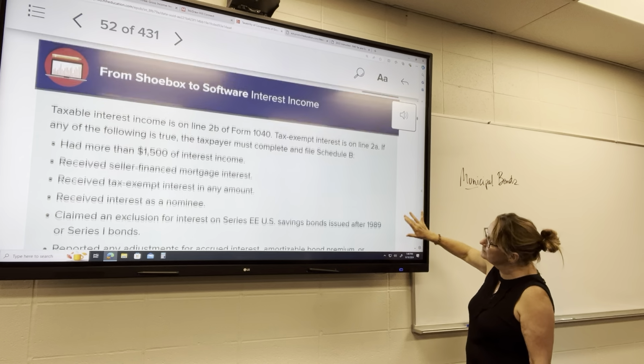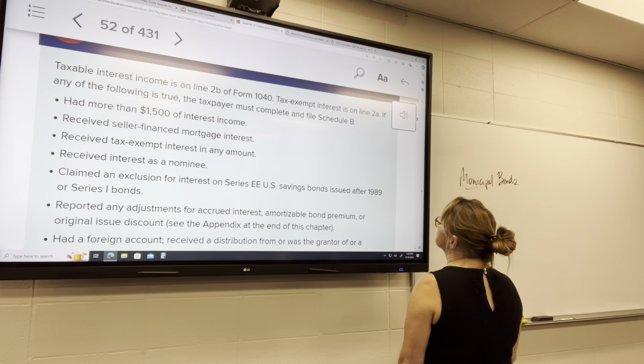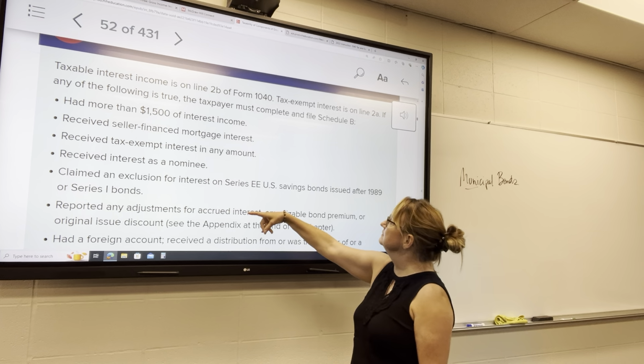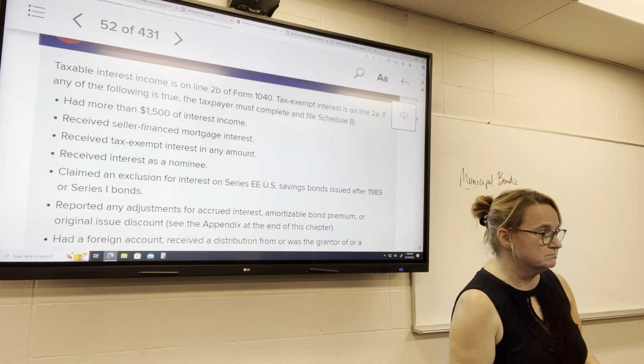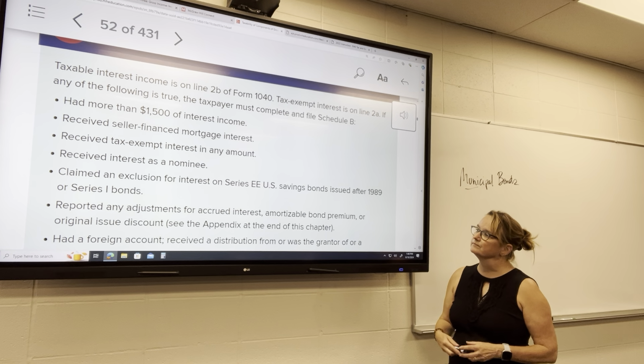So as I said, we don't always use this Schedule B, but we have to use it if any of the following applies. If there was more than $1,500 of interest income in total for the year, regardless of the source.